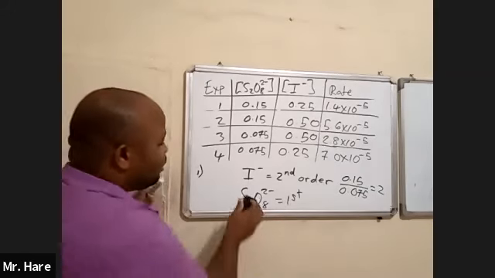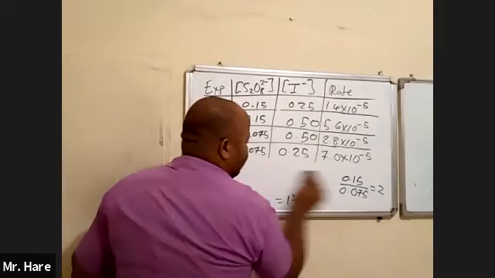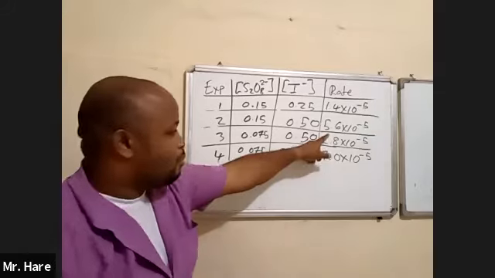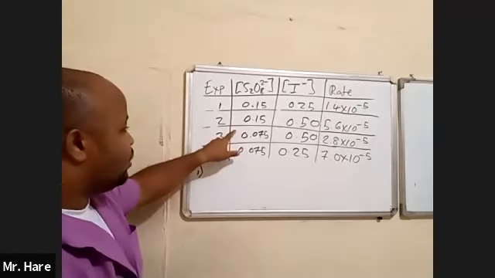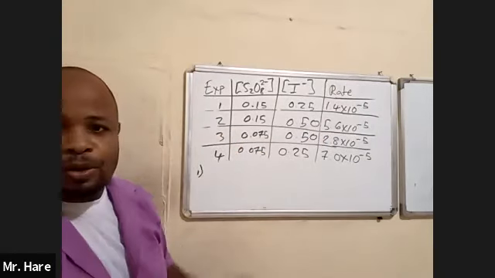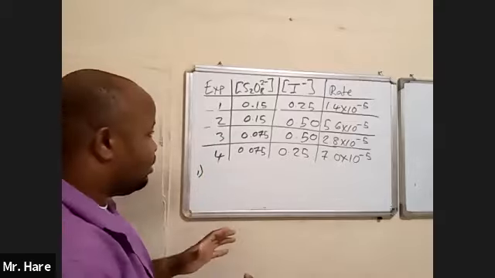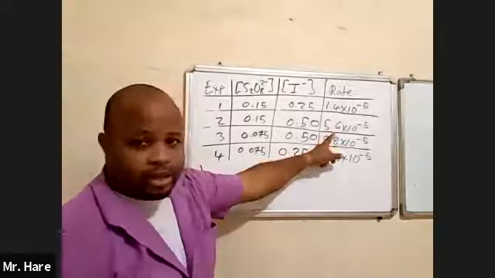So which order is it when it decreases? No, it's not really about decrease. What you're doing is looking at what happens to the rate in relation to the concentration. To know the order of reaction, remember, we look at how the rate changes in relation to how the concentration changes.